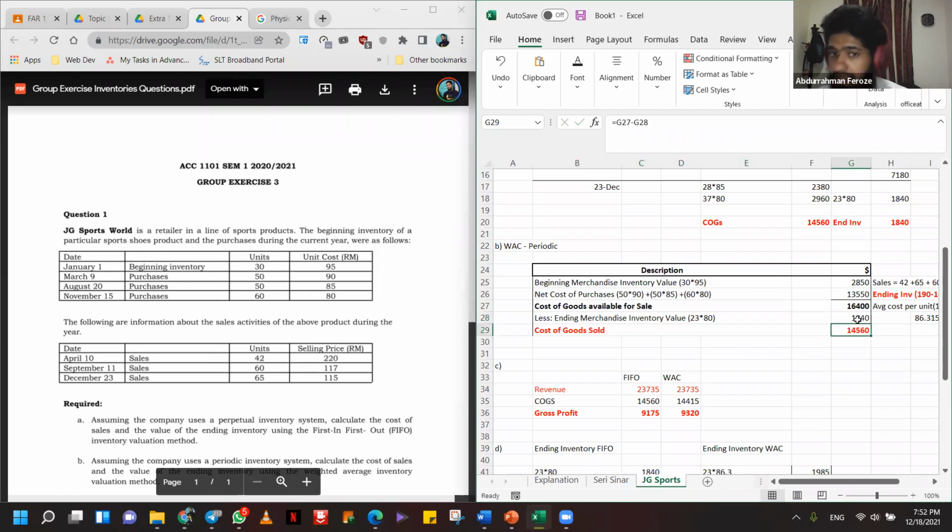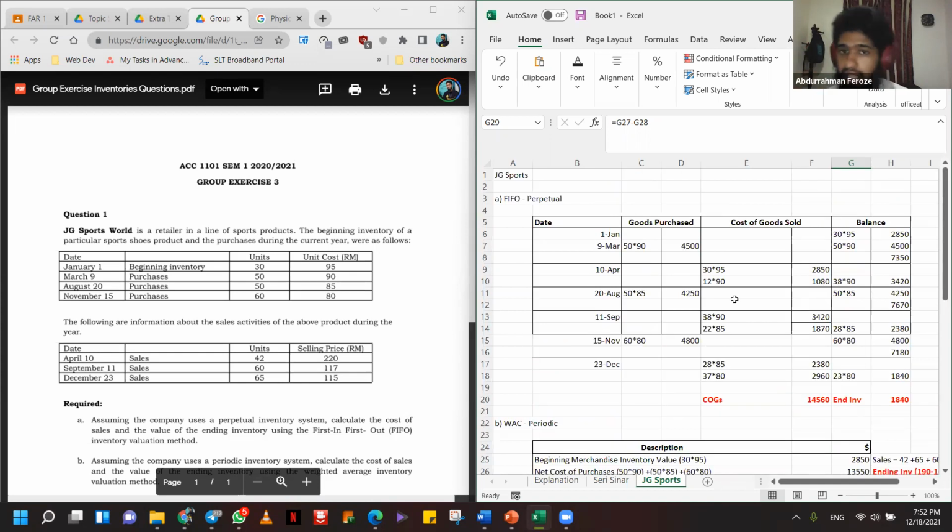So this would be the answer if they had asked you to calculate the cost of sales using the FIFO method. If they asked you to use the LIFO method for the ending inventory value, you would take the 23 multiplied by the cost of the oldest inventory. The oldest inventory is what? 95.